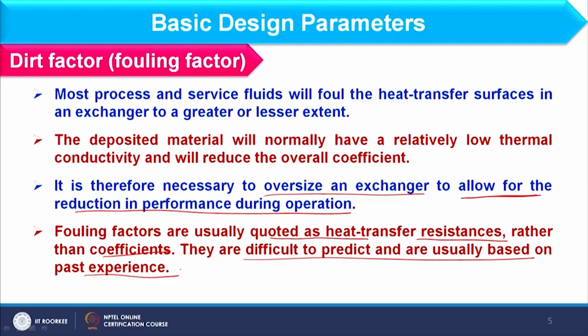You can consider it based on past experience, that this fluid will give that much dirt factor, and accordingly I can decide from the beginning how much oversizing of the exchanger I have to do. So, choosing the right dirt factor value is important in the design of a heat exchanger.